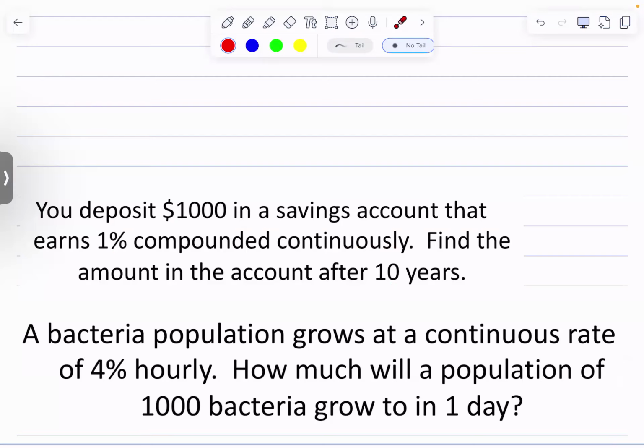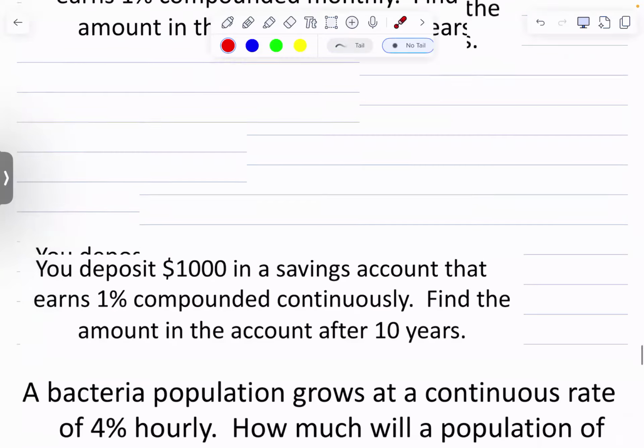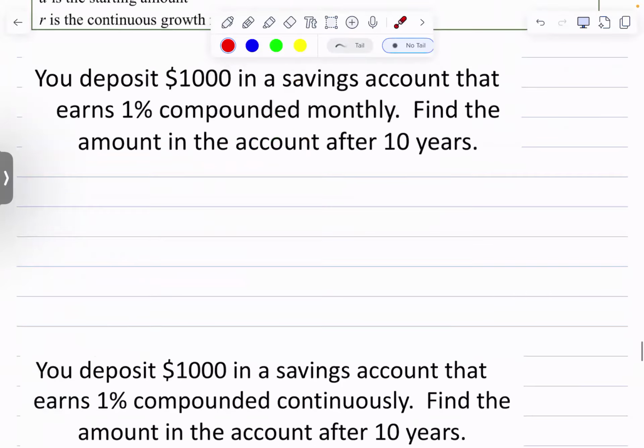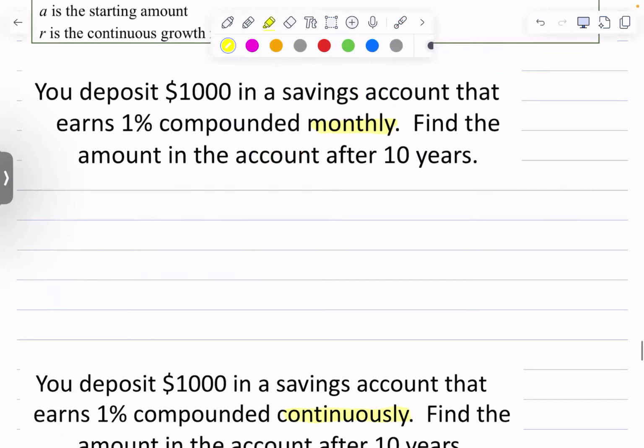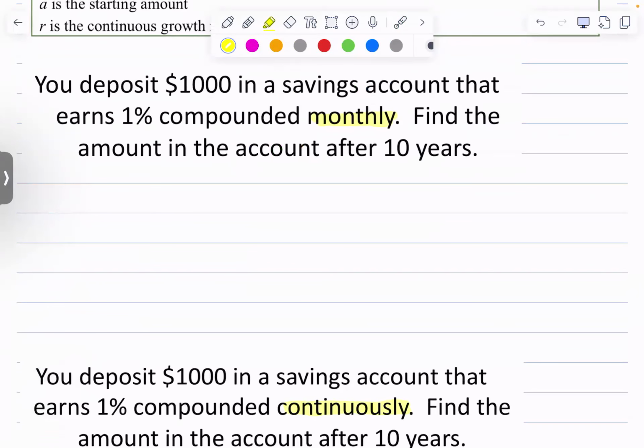Then we'll look at those two and compare them. And kind of disappointingly, they're not going to be that different from each other. I'm just going to highlight the only difference between these two questions. First, we'll do monthly, and then we'll do continuously.